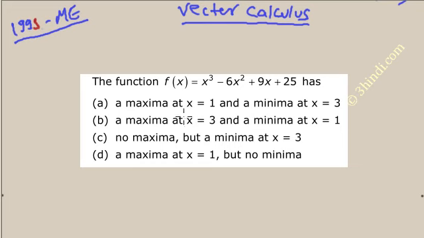This is another question. The function f(x) = x cube minus 6x square plus 9x plus 25 has maxima at 1, minima at 3; maxima at 3, minima at 1; no maxima but a minima at x equal to 3; a maxima at x but no minima. I have already explained in the video on maxima and minima how to find them. First you need to differentiate with respect to x.